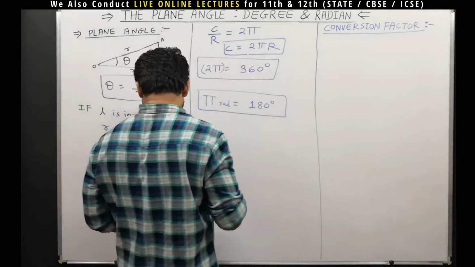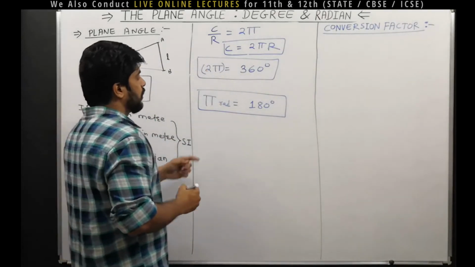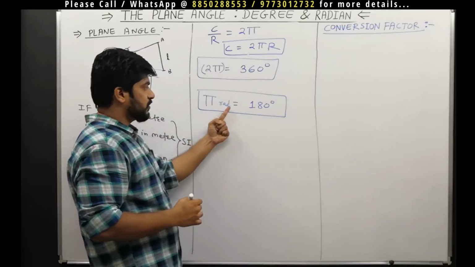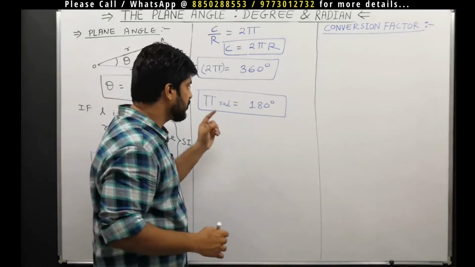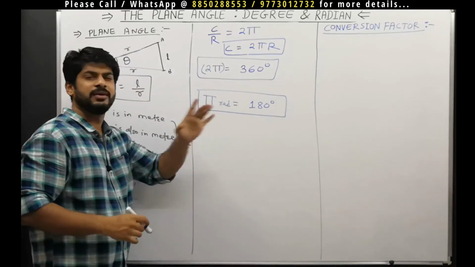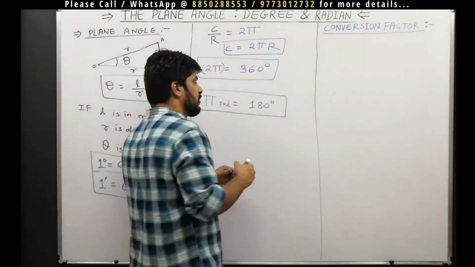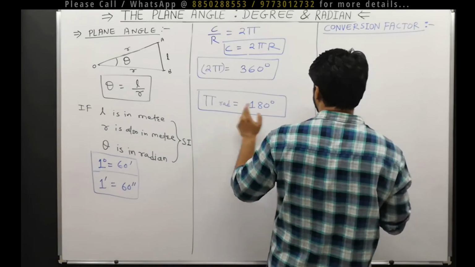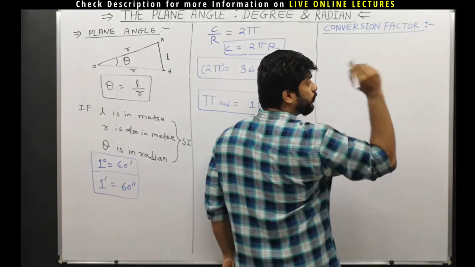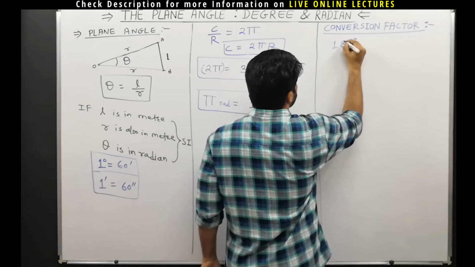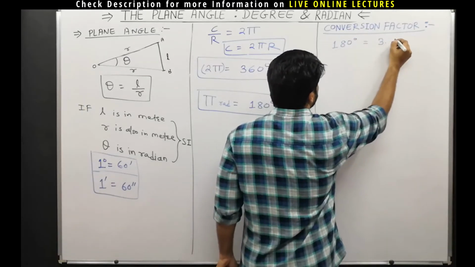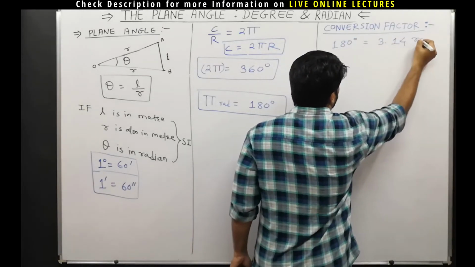So first of all, we need to remember this equation over here. For this conversion part we just need to remember one equation, this one, nothing else. See here, this is 180 degree equal to pi radians. What is pi? 3.14. So I will just write 180 degree is equal to 3.14 radian.